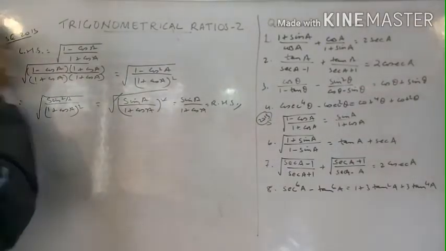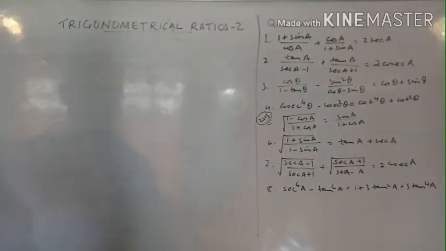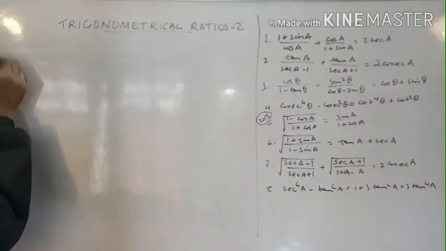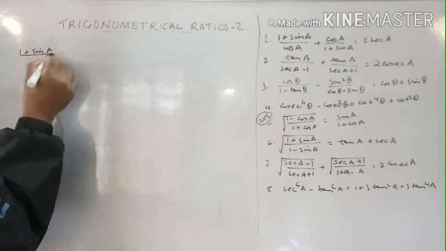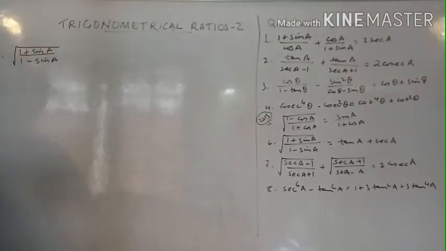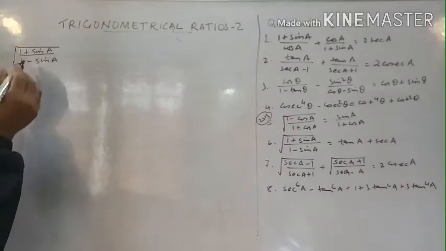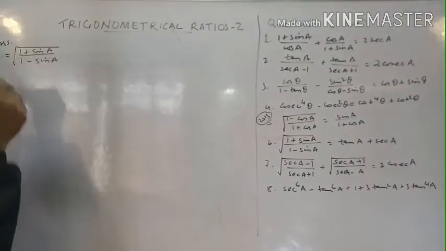Now, question number 6. Similar question, but RHS is given in a different form. Question number 6. Root over 1 plus sin A upon 1 minus sin A. Okay, so we have to get tan A plus sec A. So in this case, we multiply by the opposite sign in the denominator.